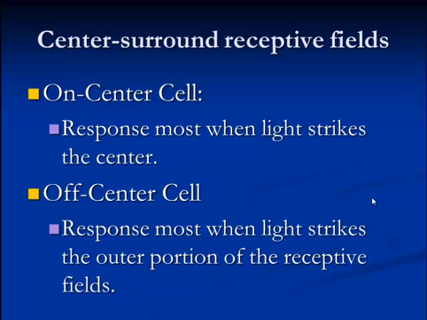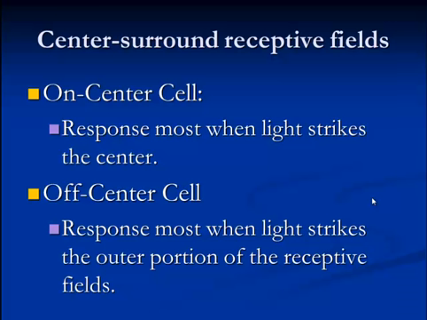Remember, that's the only code we have: firing a lot, firing a little. So some of the cells fire a lot when the middle of their field, the cells they're responsible for, is hit by light. And some are off-center. They fire the most when the outer part, the periphery of their field, is hit by light compared to the inside.